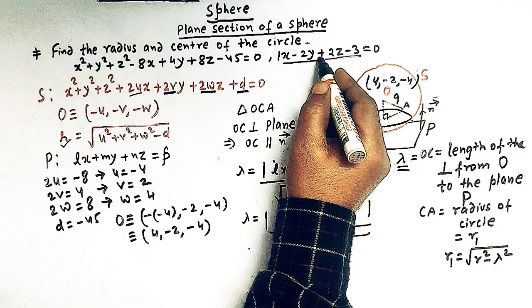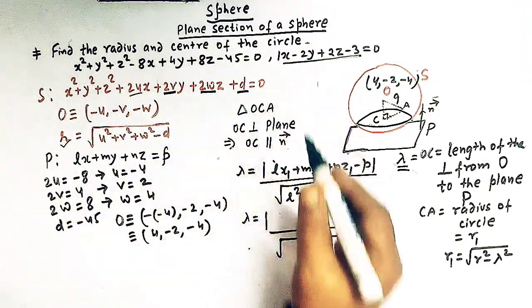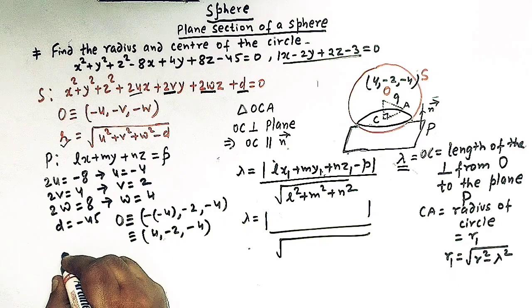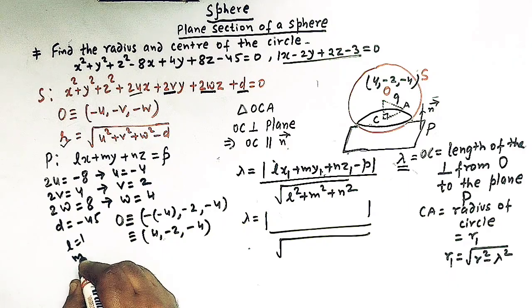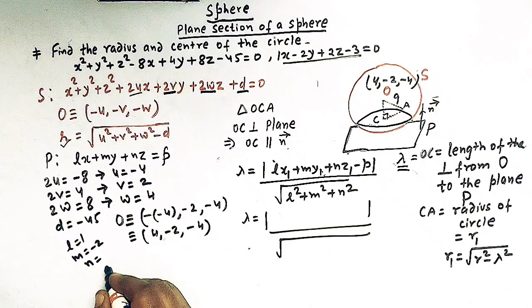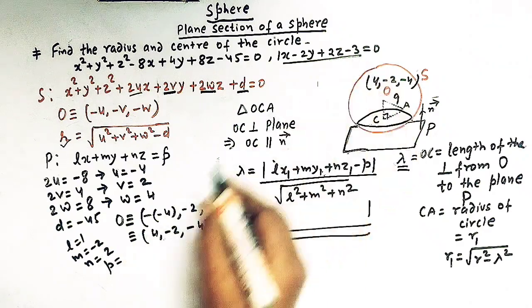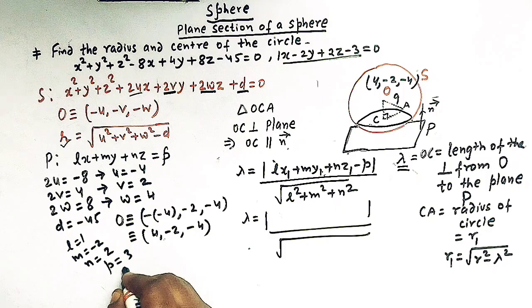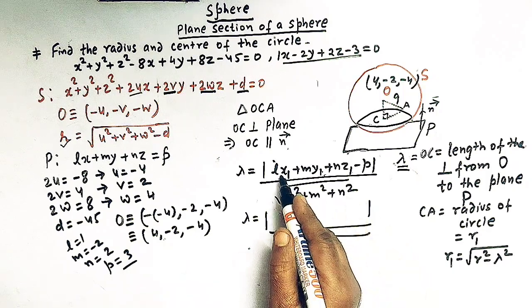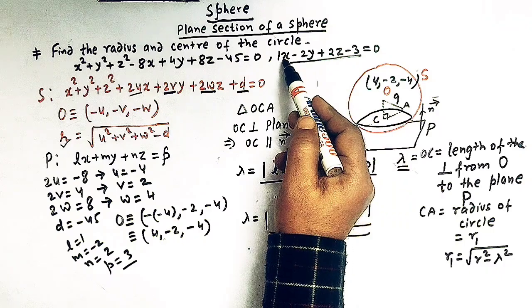So if we compare this equation with the general one, then the value of L is 1, m is minus 2, n is 2, and p is 3, right?